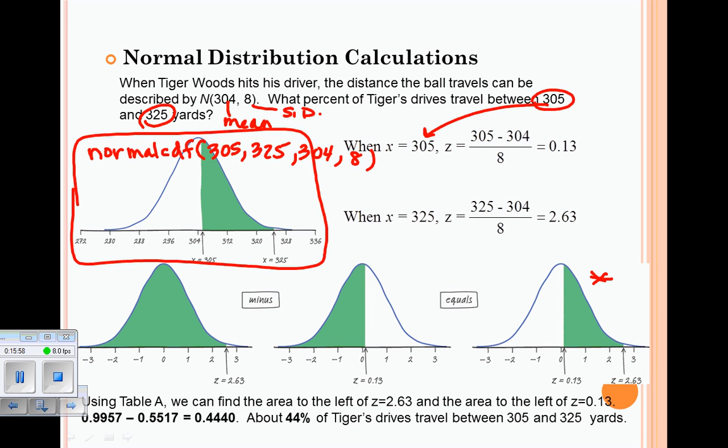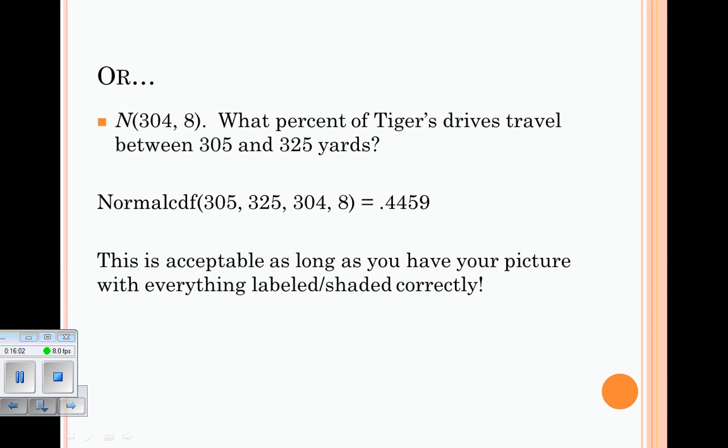So using the table, you get about 0.444. If you did your calculator, you get 0.4459. This is more exact, and this is just fine as long as you have your picture, okay? Or you've explained what all of these values represent and what you're doing when you do a normal CDF.